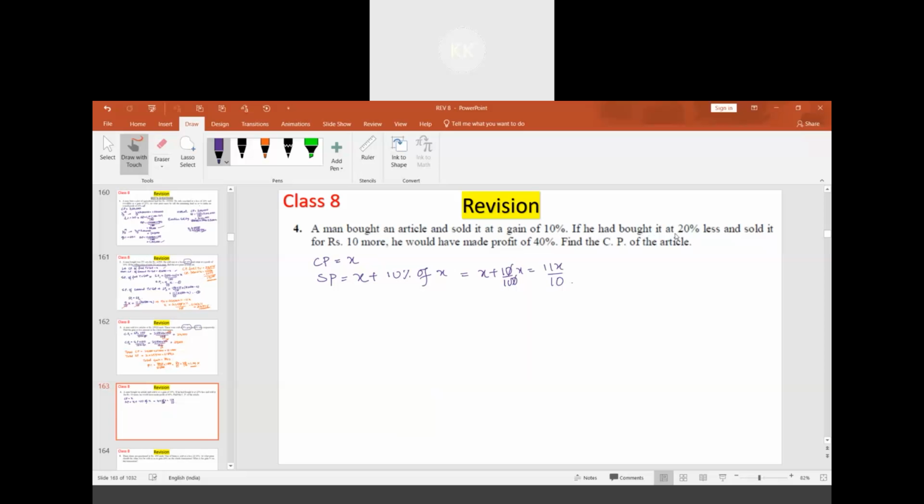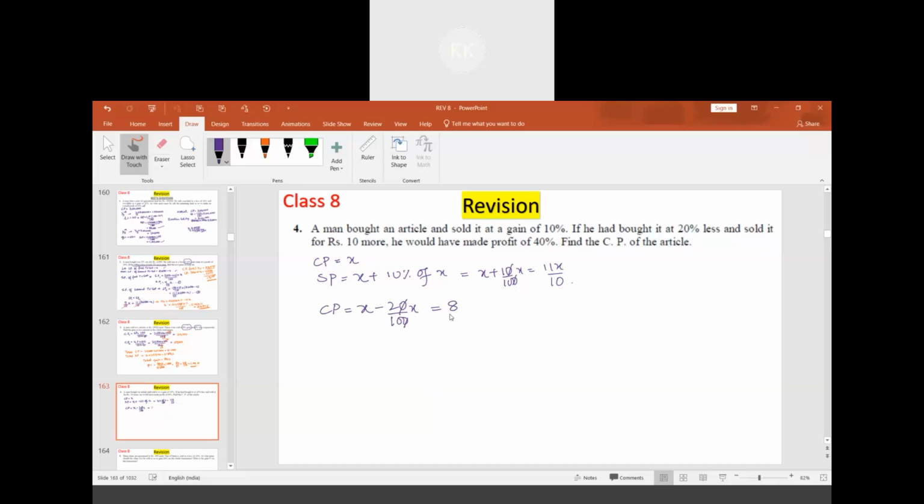If he had bought it at 20% less, the cost price would become X minus 20 by 100 of X. So the zero gets cancelled, and it is 8X by 10.